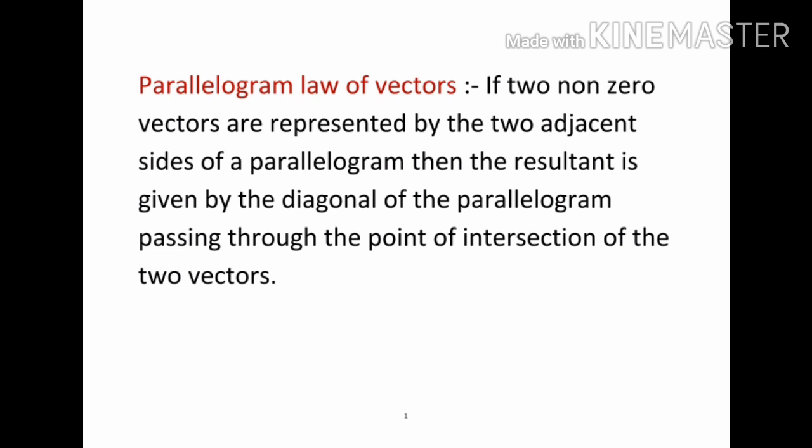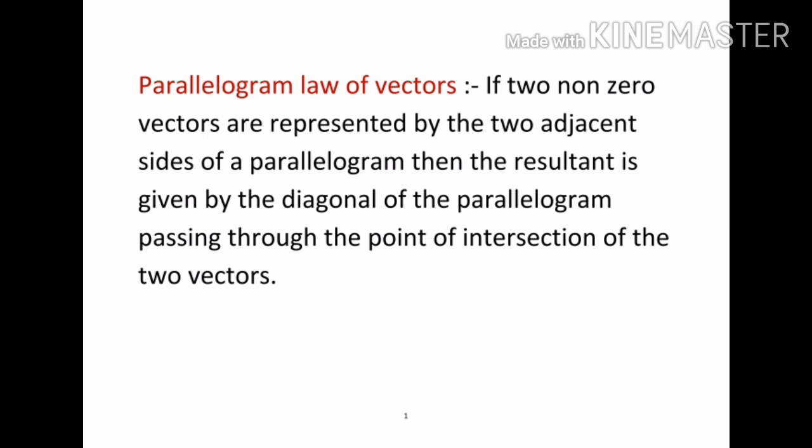First, in this parallelogram law of vectors, we explain only the case where the vectors have magnitude and the angle between the two vectors is given. That means in this topic we explain the addition or subtraction of two vectors if we know the magnitudes of the two vectors and the angle between them.